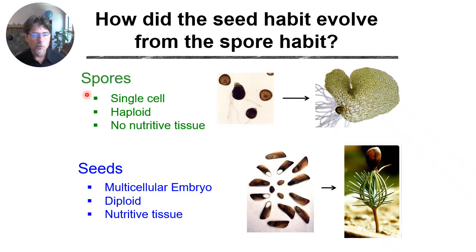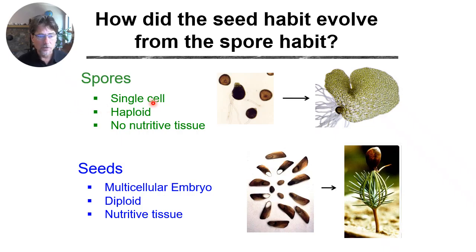In other words, they release free-living spores, usually from a structure like a sporangium, or in some of the more advanced plants like, say for instance, lycophytes and horsetails, a structure called a strobilus. But the point is that the sporangia on these plants opens up and releases spores.